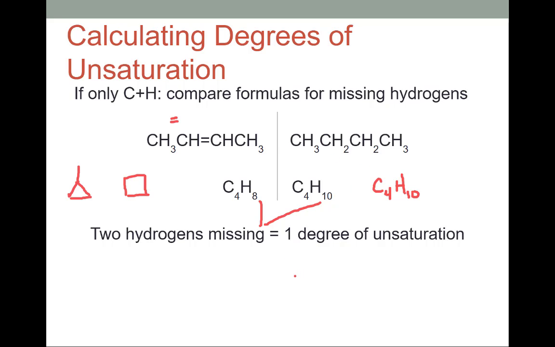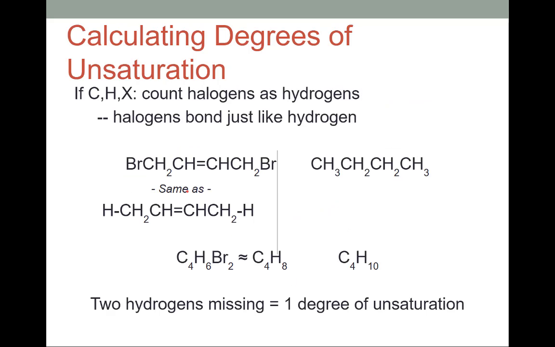All right, let's see an oxygen example. Oh no, actually, let's do halogen first. Halogen example. Since halogens bond just like hydrogen, if I was given the formula C4H6Br2, for instance, I would combine these together and say that's kind of like C4H8. Okay? And again, I would compare that to the fully saturated version.